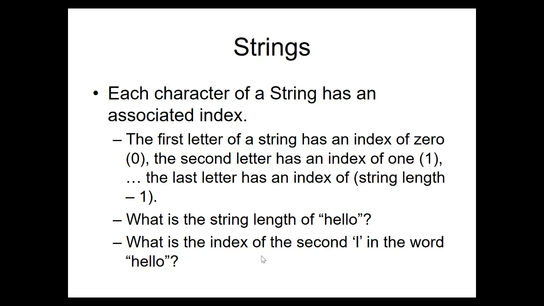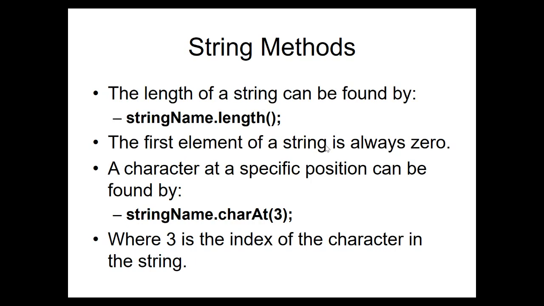So the index of the last character would be index 4, where the O is. And this question here says, what is the index of the second L in the word hello? That would be 0, 1, 2, 3. So 3 would be the index number for the second L. As long as you remember you start counting from 0, it shouldn't be a problem.